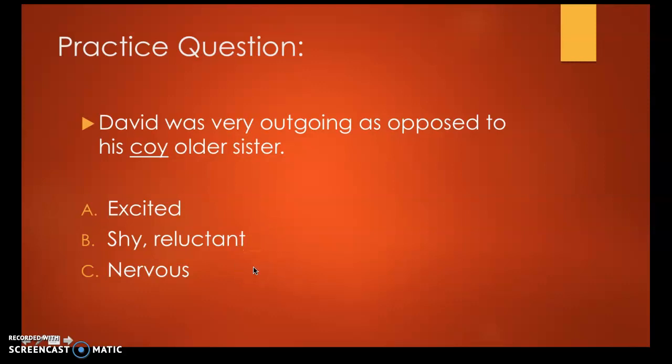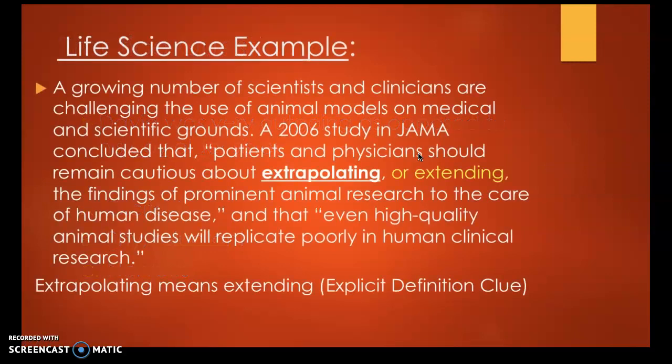Nervous, not necessarily. You could see that as something like the opposite of outgoing. Because you're nervous, you may not be outgoing, but really to be shy or reluctant would be the opposite of outgoing. So I would go with B here, and I can figure out coy because of outgoing. And as opposed to was the signal that this was a contrast.